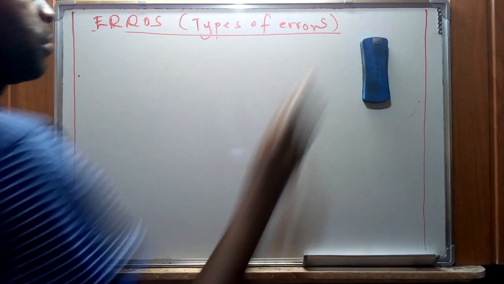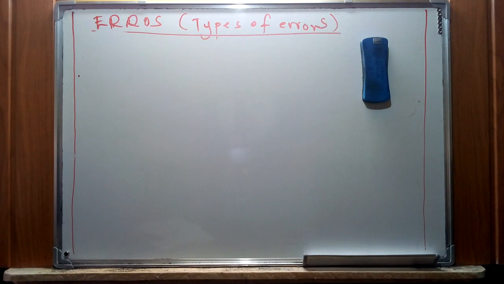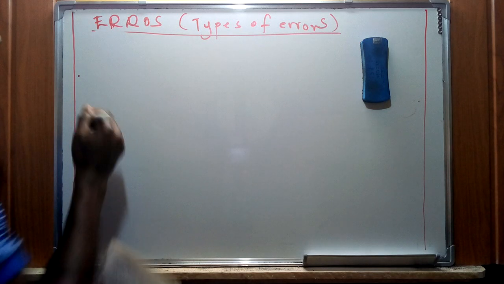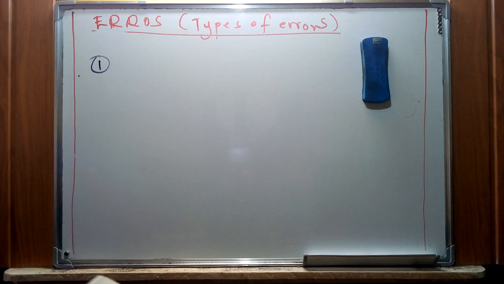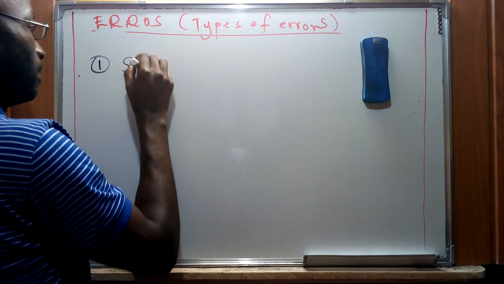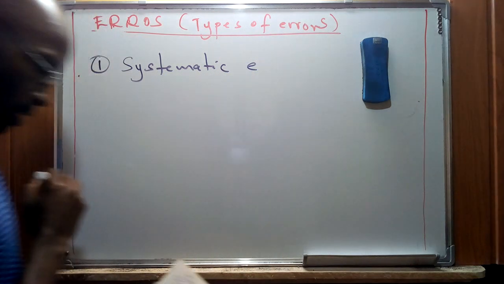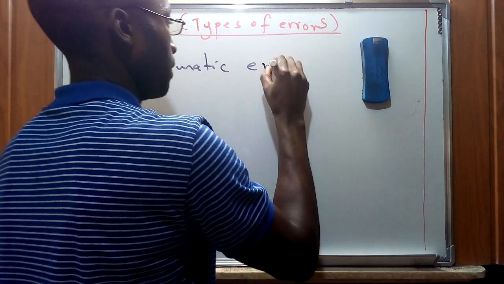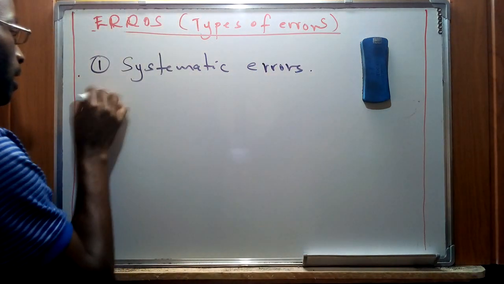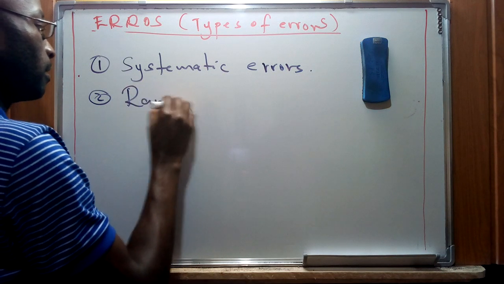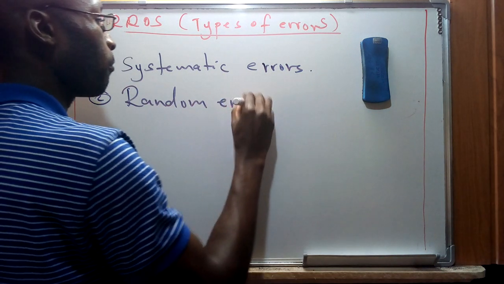So we have different types of errors depending on the nature of the error or what causes that specific error. The first one is what we refer to as systematic errors. And then next we shall have what we call random errors.